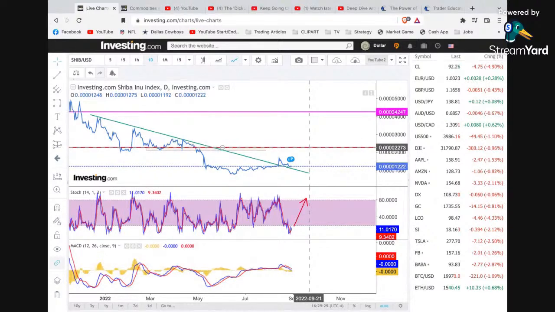Because once it gets here, if it has a shallow pullback and it's talking about running harder, that's too much gain to walk away from. If it gets up in this area and then keeps going stronger, then I would definitely be of the opinion that it's going to have a pullback and likely come up to here.